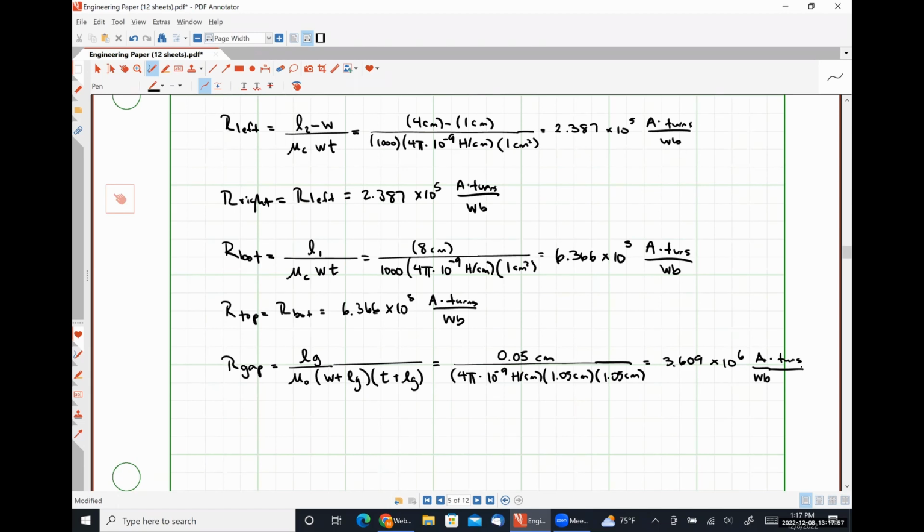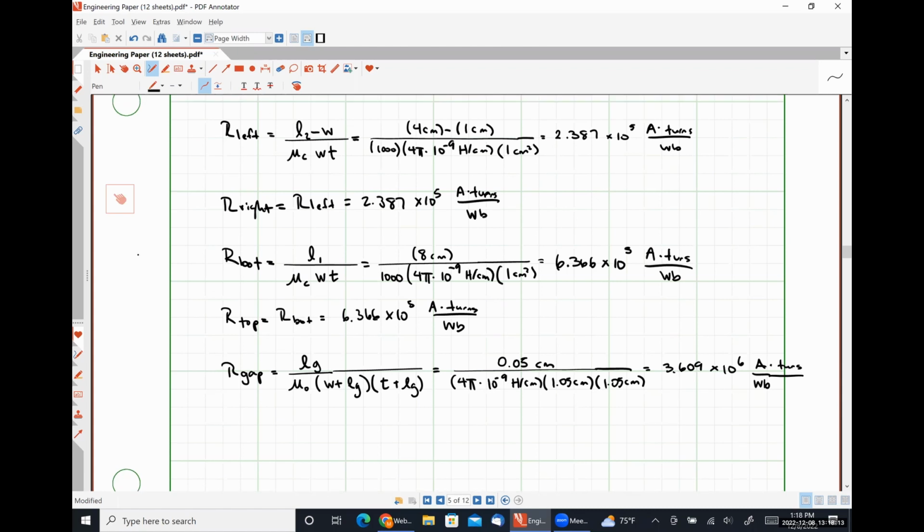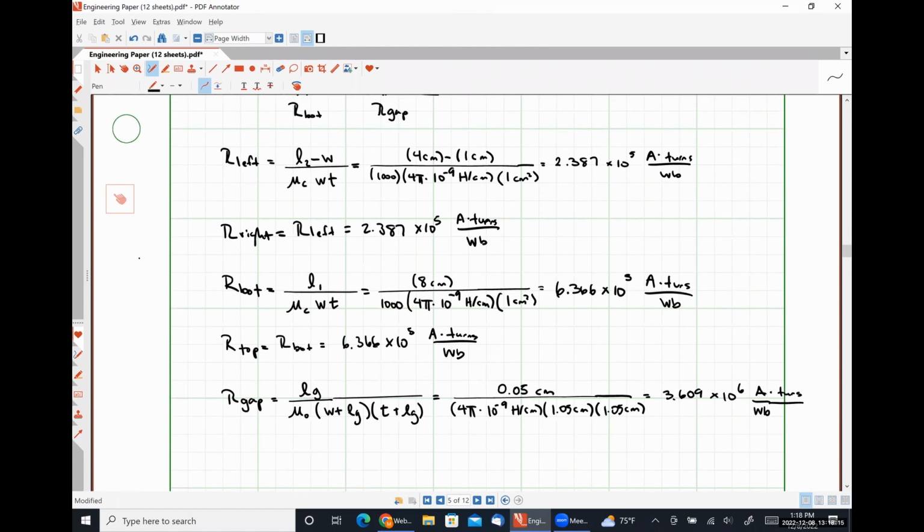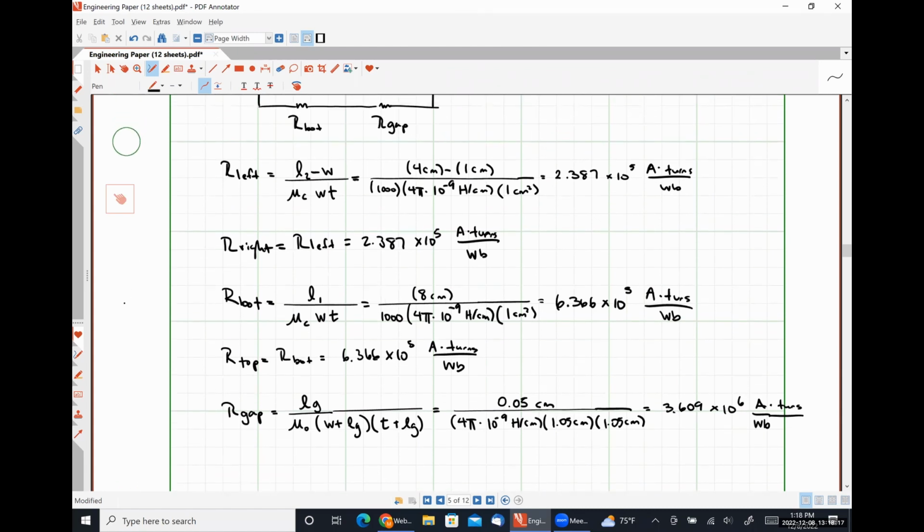So let me ask you guys a question. Is the reluctance of the air gap larger or smaller than the reluctance of the sections of core? Larger by a factor of about 10, okay? It's only a little bit larger, and this is again a factor of about 10 because the permeability of our core is only 1,000 times mu naught, right?